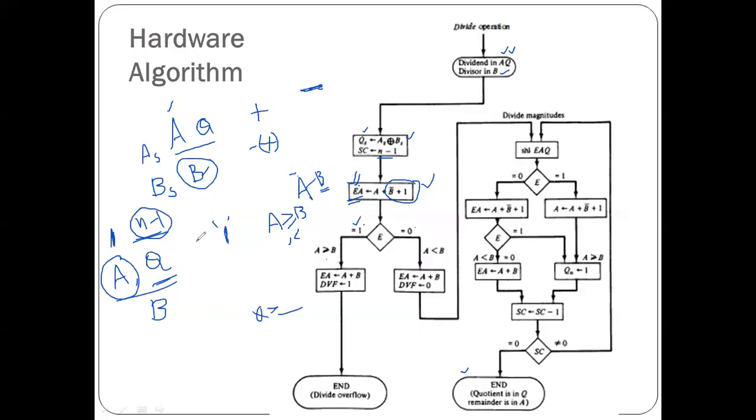So totally, I require n bits for storing my quotient, which is not possible, because we are dedicating only an n minus 1 length register for storing the quotient.